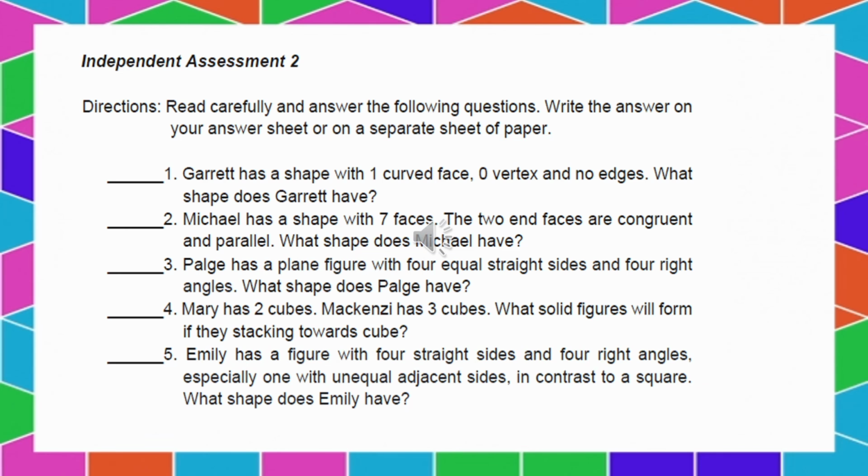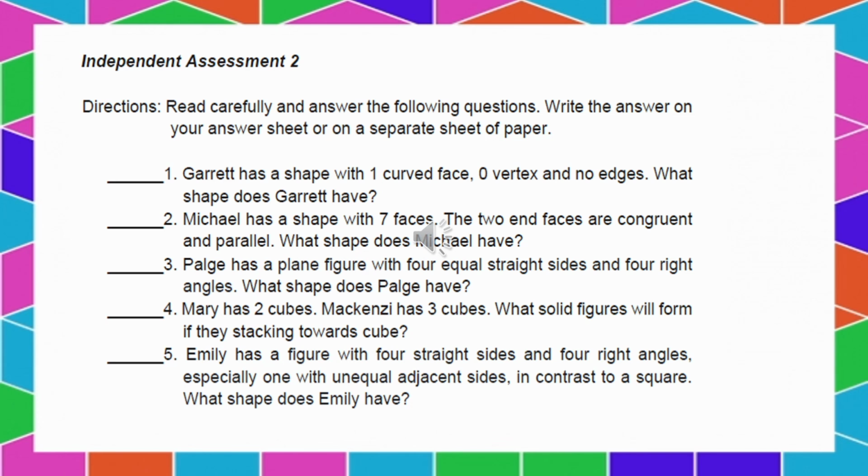Okay, next activity, we have your independent assessment 2. Read carefully and answer the following questions. Write your answer on a sheet of paper. You may start now. Finished? Okay, let us check. For number 1, the answer is sphere.